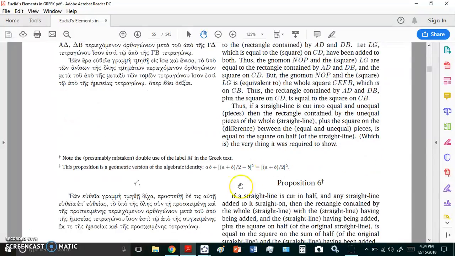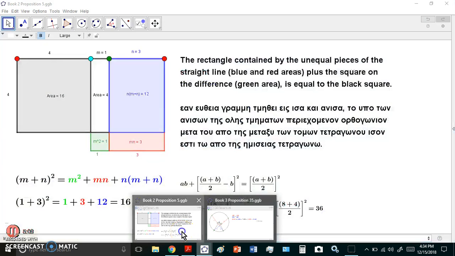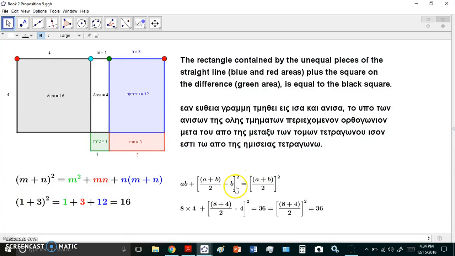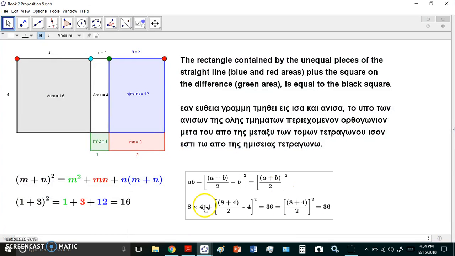And what I've done is I've copied this formula, so this here is the formula according to Heath, and this is obviously not even relevant. It's not even appropriate. It's got nothing to do with the proposition. It's just a different form, but it doesn't assume the facts of the proposition, which says the rectangle contained by the unequal pieces of the straight line.